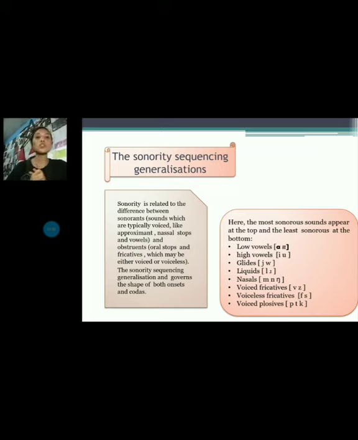Here, the most sonorous sounds appear at the top and the least sonorous at the bottom.